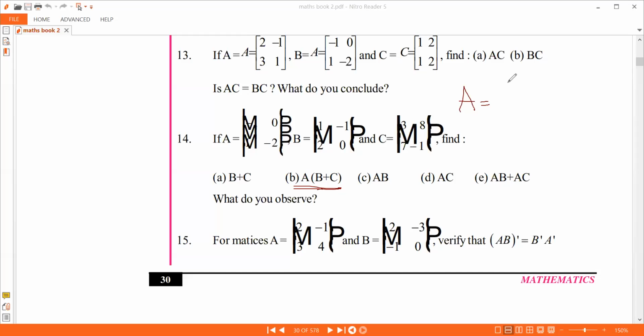Minus 2 into minus 5, so it is minus 1 and 0, then minus 1, 2 minus into 2. Yes, and the minus matrix, 2 into minus 1.